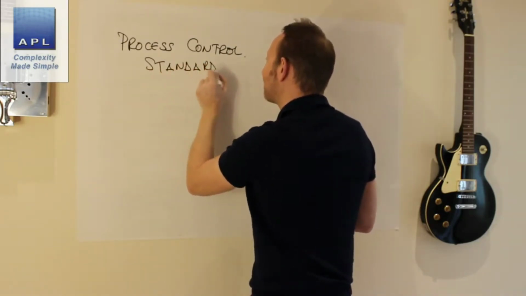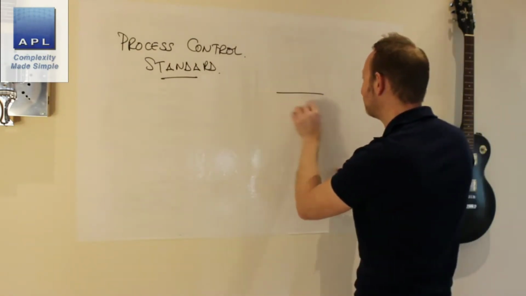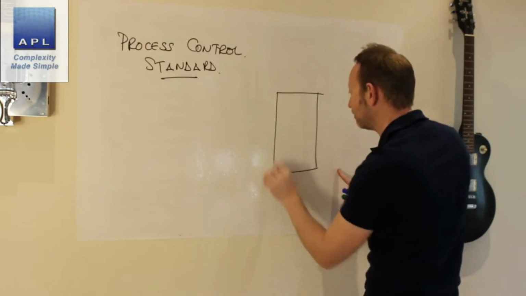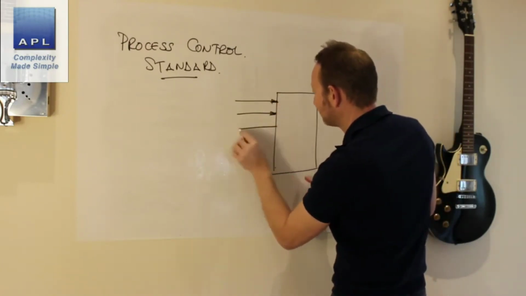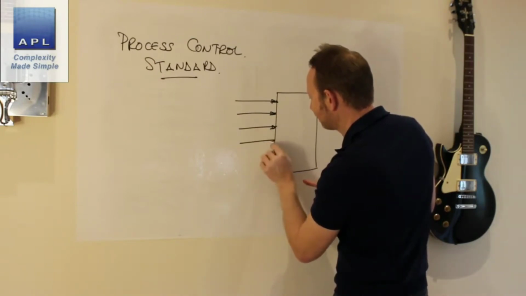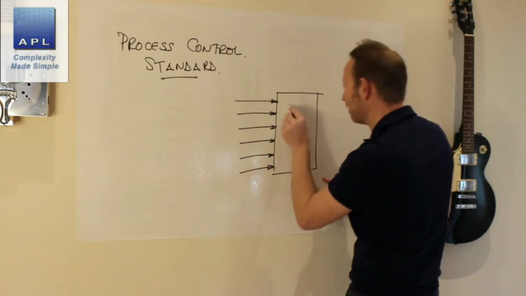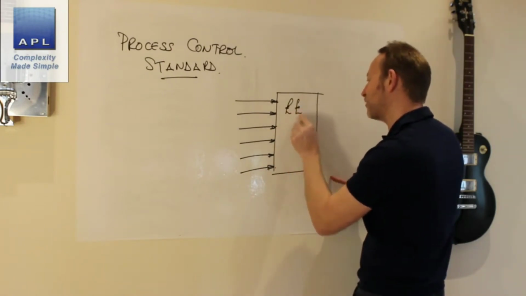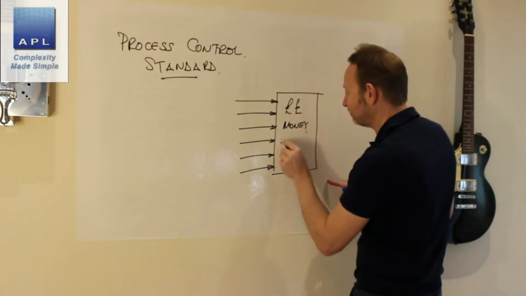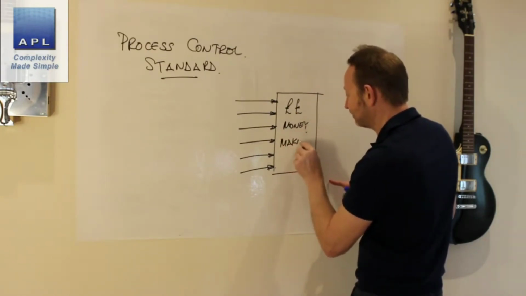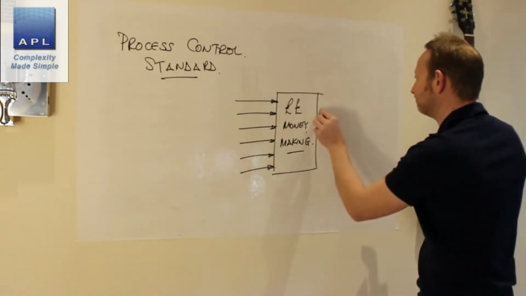So a couple of things to say about getting a process under control. First of all, let's put our money-making process down. Every process is the same, folks. You've got a money-making process. It's got inputs. You have to fix the inputs somewhere. Here's our money-making process. How do we design great standards so that it's clear and unambiguous?